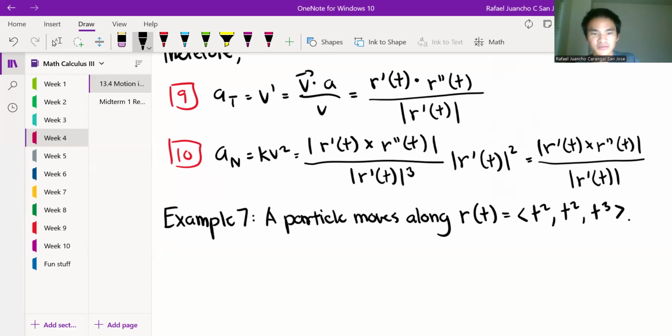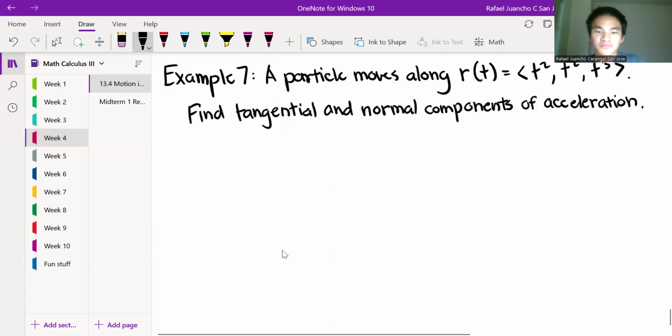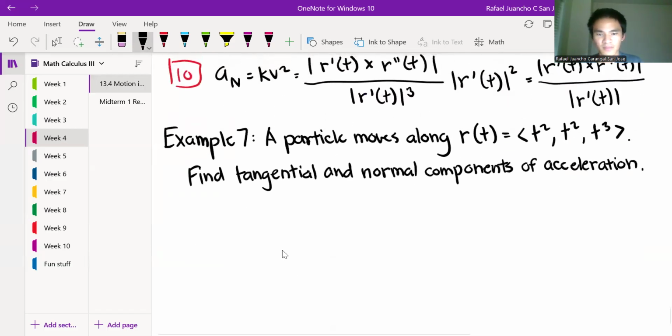And we're being asked to find the tangential and the normal components, particularly of acceleration. Okay. So let's do that.